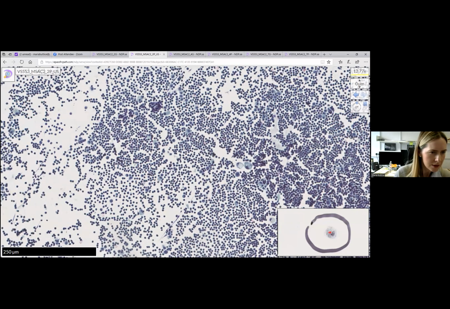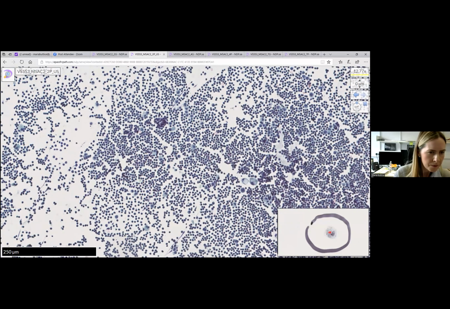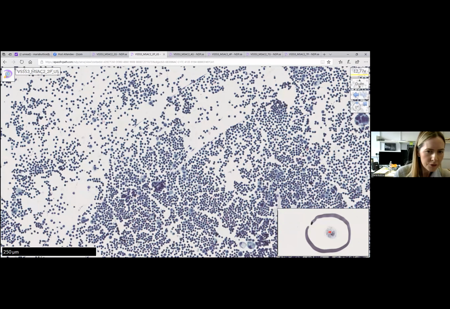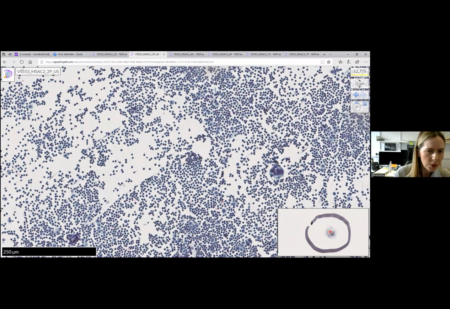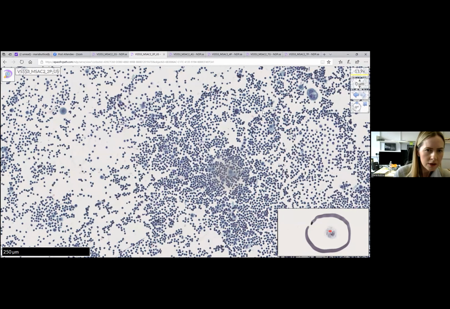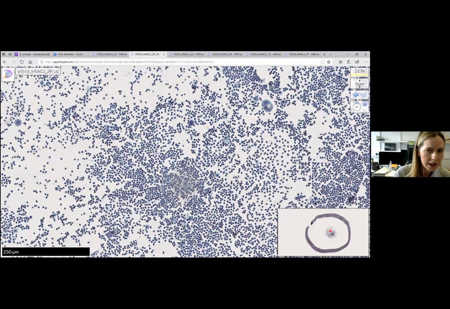We can see these small mature lymphocytes and some histiocytes. And then I've put some pointers out onto some other cells which look distinctly different to our normal population. So these are reactive mesothelial cells.